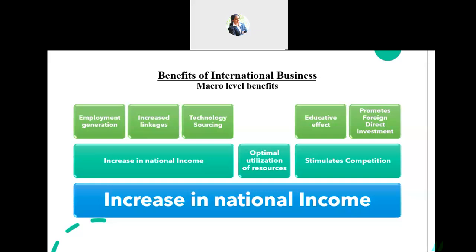This transforms even the subsistence sector into the market, and thereby it raises the standards of living of sometimes even the rural population.